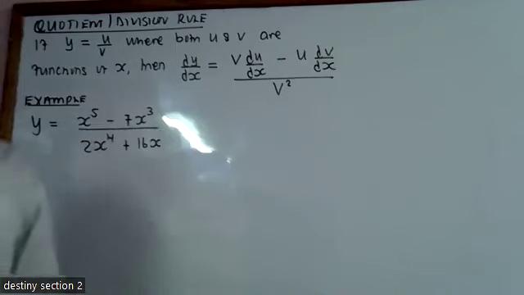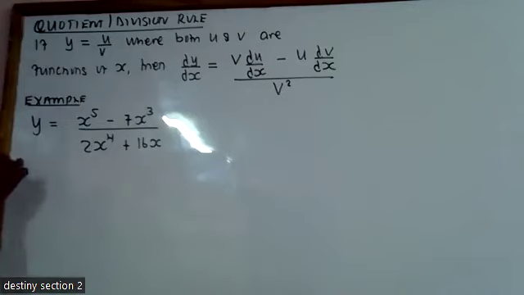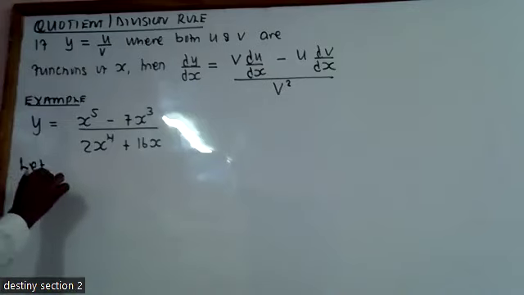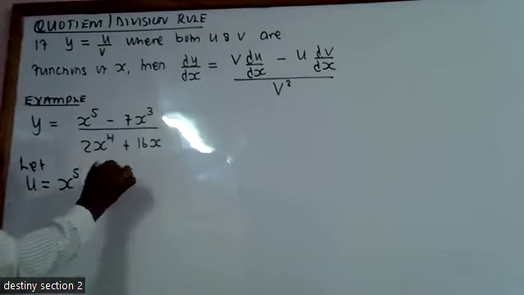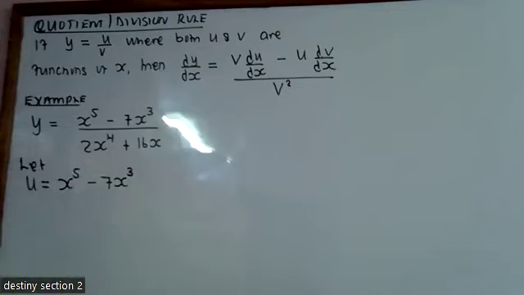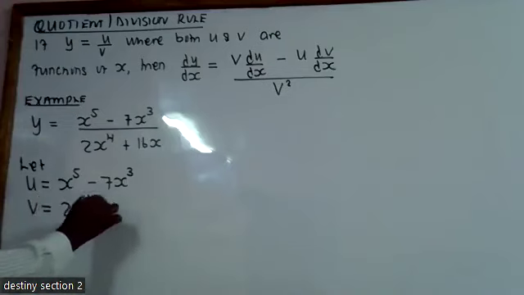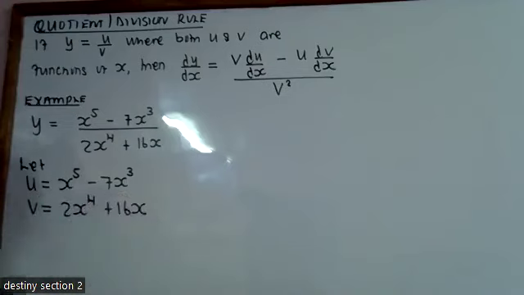We are given something like that. You say, let u to be x raised power 5 minus 7x cubed, v to be 2x raised power 4 plus 16x.